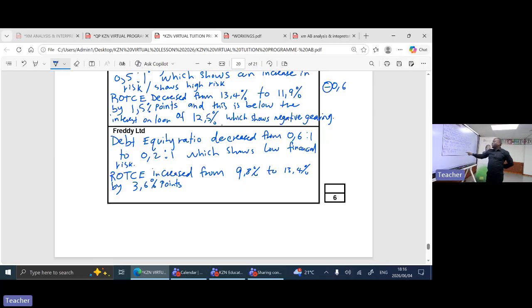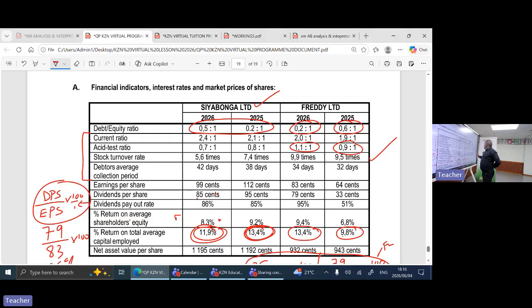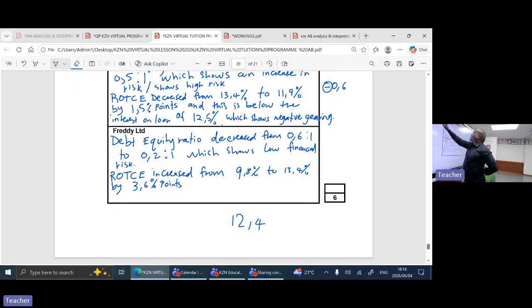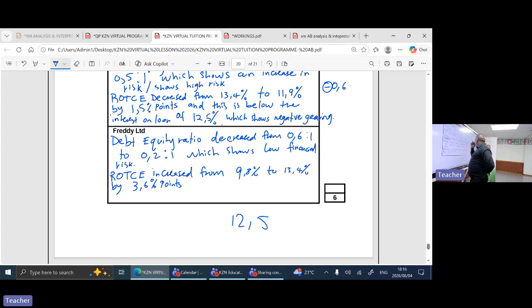The next thing here is to mention positive gearing or negative. Interest on loan, let me double check. The interest on loan was 12.5%. Yes, so 12.5%. ROTE is 13.4% this year.